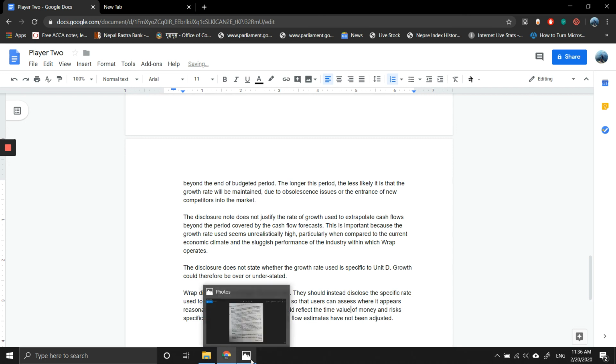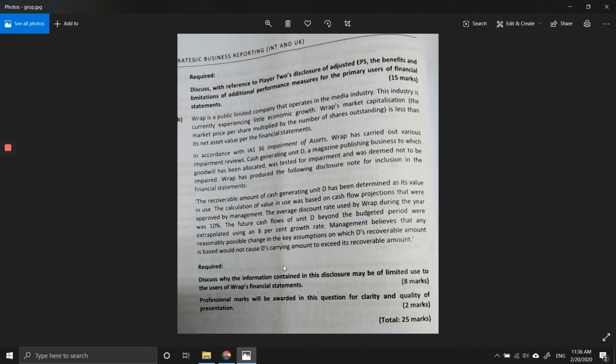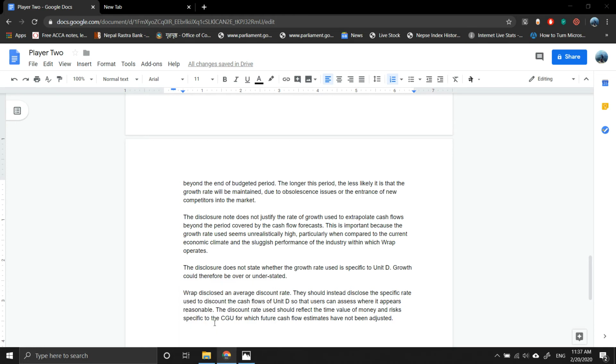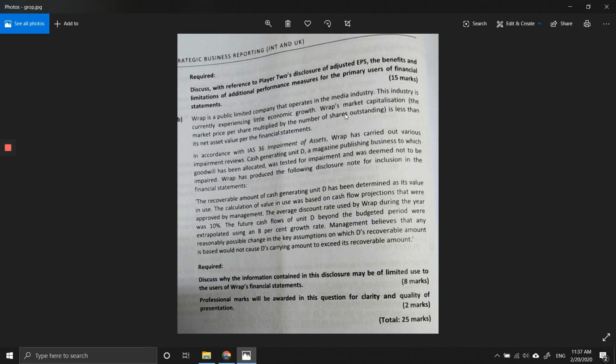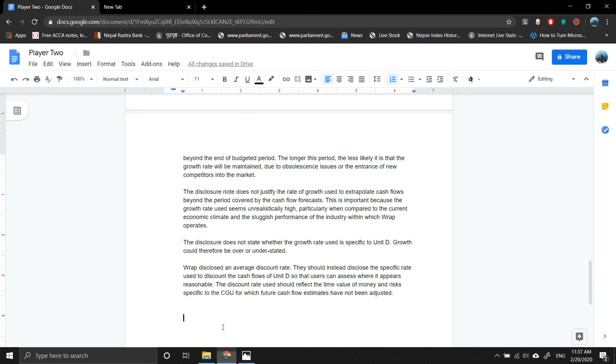Anything else? What about sensitivity analysis? Since its market value is less, right, isn't it? Net assets is lower than its market cap. Okay. Sensitivity.